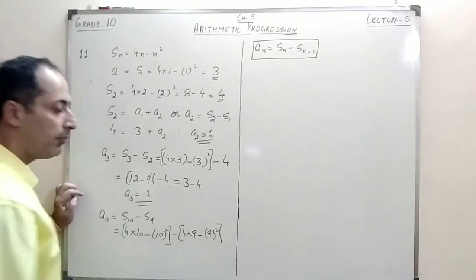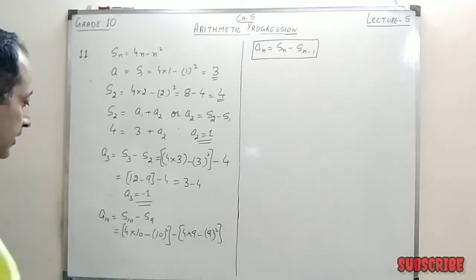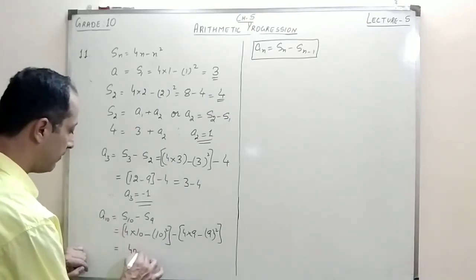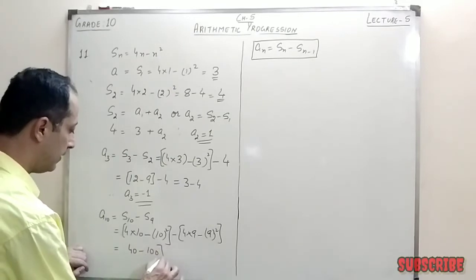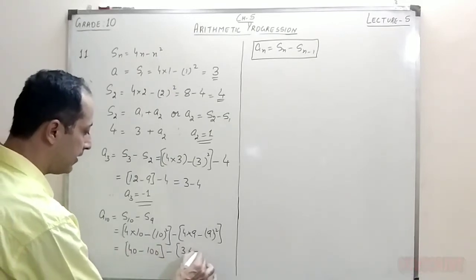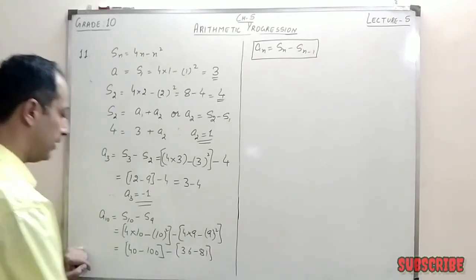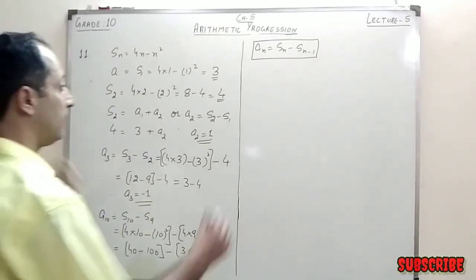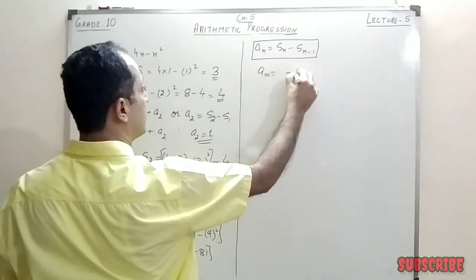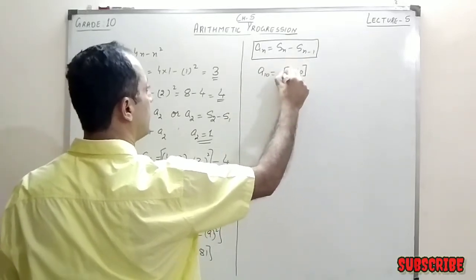So first of all we will simplify the individual brackets. When I simplify this one I get 40 minus 100, and this side I get 36 minus 81. Now 40 minus 100 would be equal to minus 60 inside the bracket.